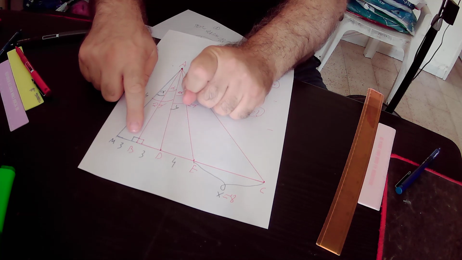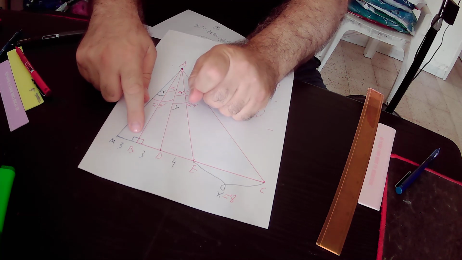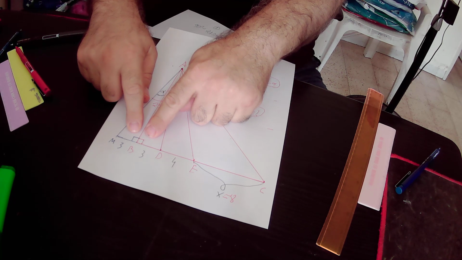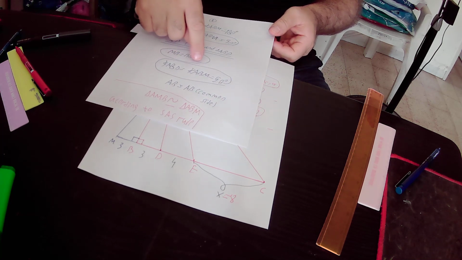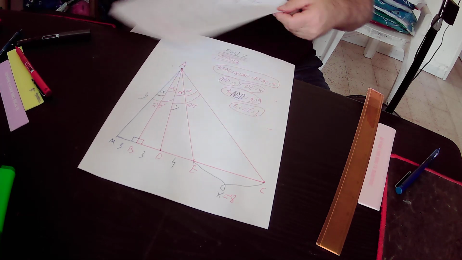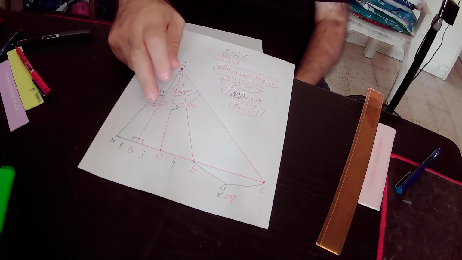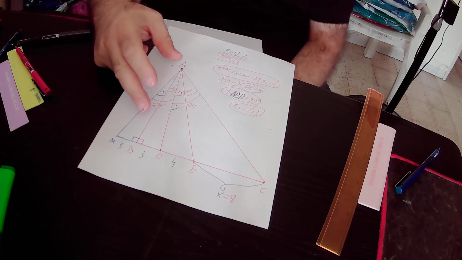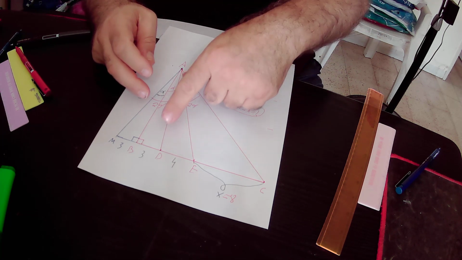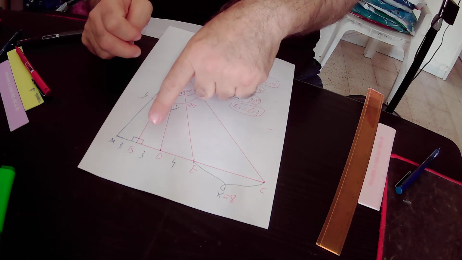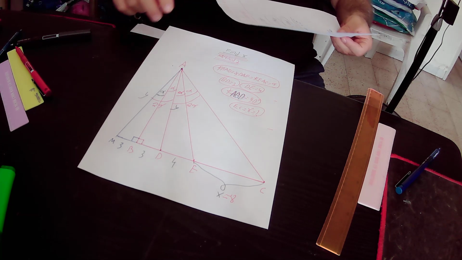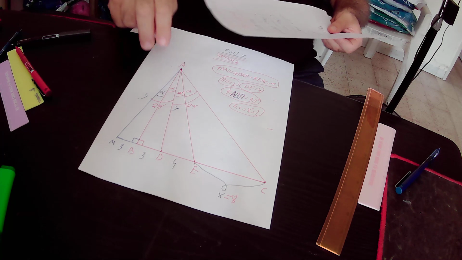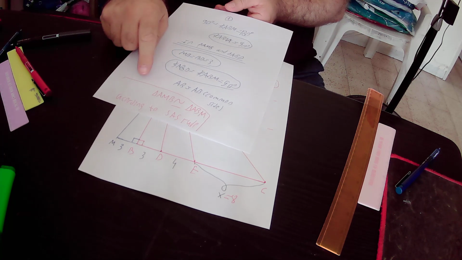I've already proved that angle ABM equals 90 degrees, so angle ABD equals angle MBA equals 90 degrees, and AB equals AB. AB is a common side, it belongs to both triangle ABD and triangle ABM. So we proved that those two triangles are congruent according to the side angle side rule.